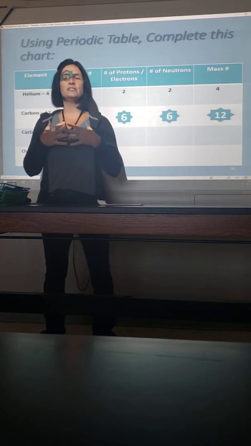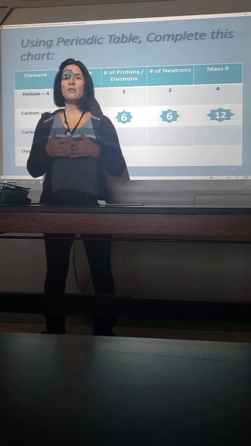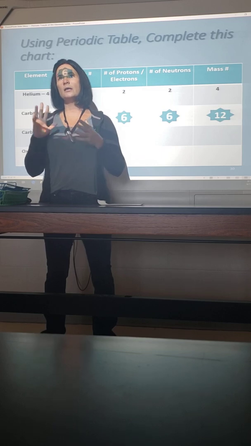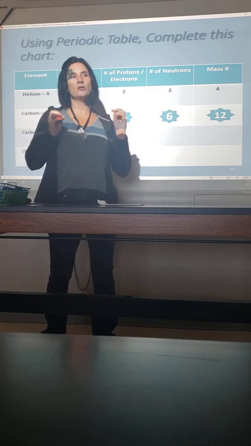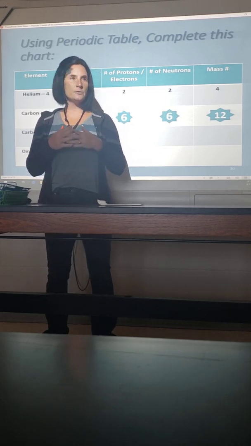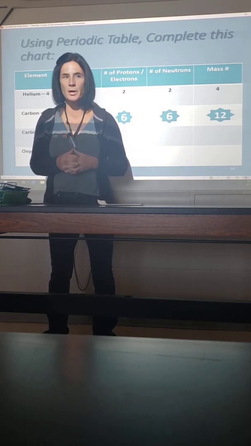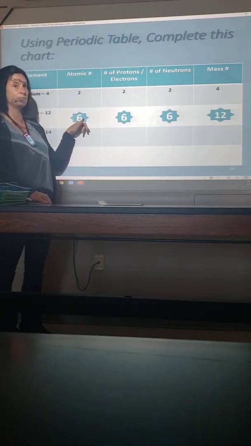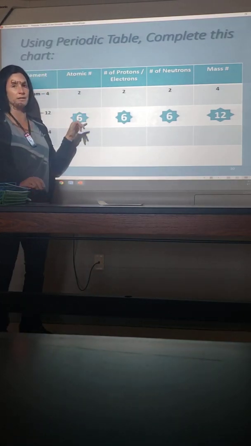Isotopes are where you have a different number of neutrons than the normal. And so the number of neutrons can change, the number of electrons can change, and you can still have carbon. But if you change protons, remember it's permanent. Protons are permanent. So I have to still have 6 protons to make this carbon.